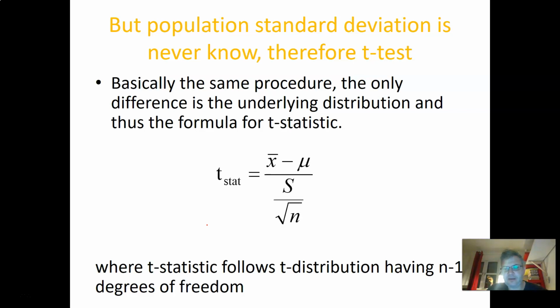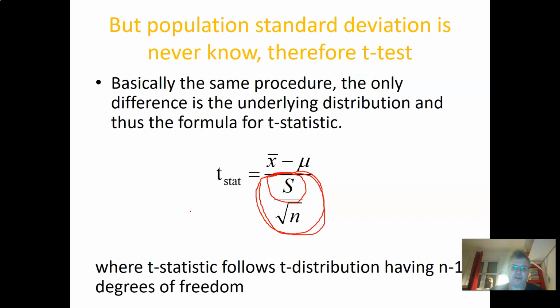The t-statistic looks like the z-statistic. When you calculate it, the only difference is this standard deviation of the sample. And this whole part is called standard error. So when you make calculations, software usually also presents the statistic's standard error. So it's a t-statistic, and it follows a t-distribution that has n-1 degrees of freedom.